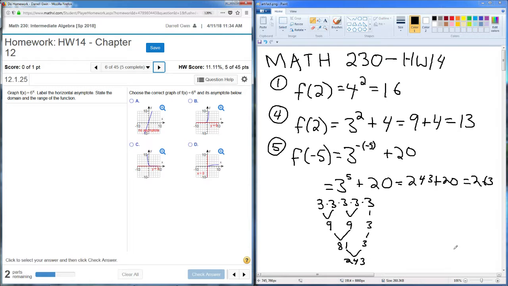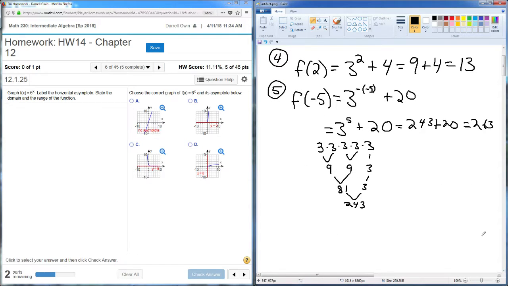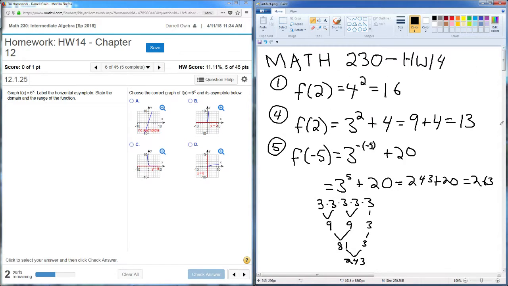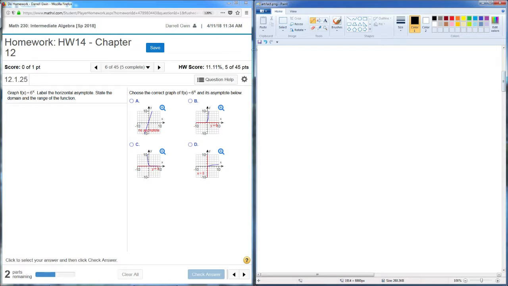Number 6 is an exponential equation. Now 6 is tricky because it's the basic exponential function.